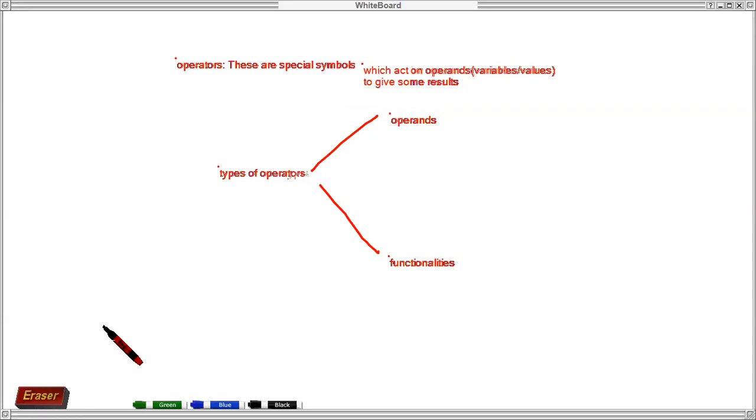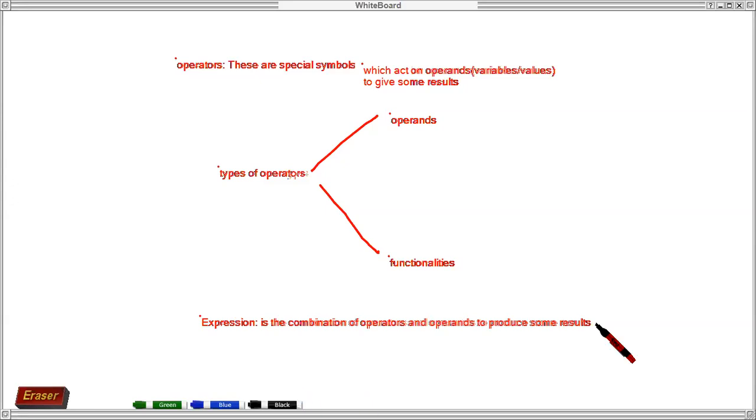Related to these terms, we also have to learn what an expression is. An expression is the combination of operators and operands to produce some results.